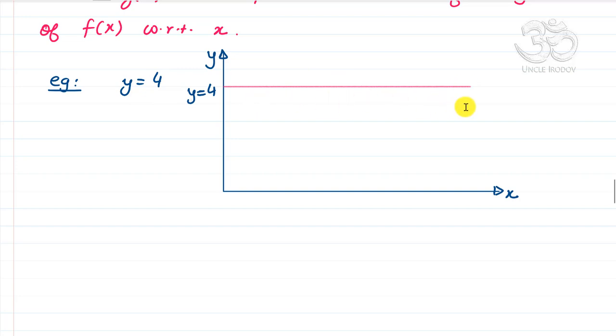The answer is 0. But suppose we followed the same procedure that we have done for the previous curve. Suppose I label this point as a and I take another point as b, and I take the spacing between a and b as delta x, and I try to find the slope of the line which joins a and b, and then I insert in that final equation that delta x is equal to 0, I will still get a 0.